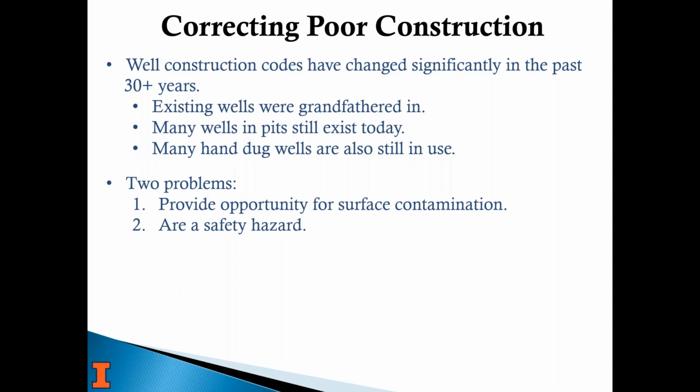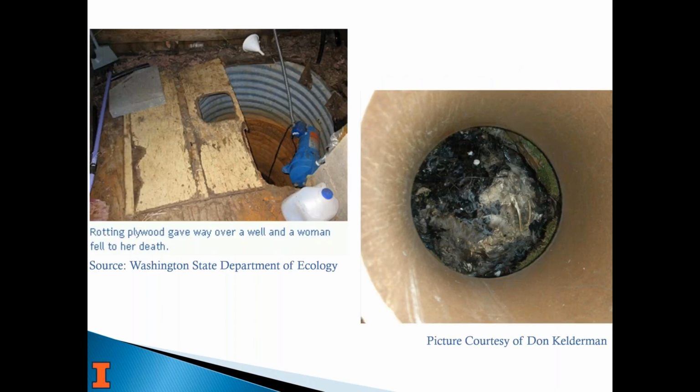A lot of times they're not properly covered, or covered with something that's strong enough to handle whatever weight might go on it. And so, you see where a tractor has run over an old top of an old pit and it's caved in, or somebody's fallen through. There's all these stories. And here's just two examples of old wells and what can happen.